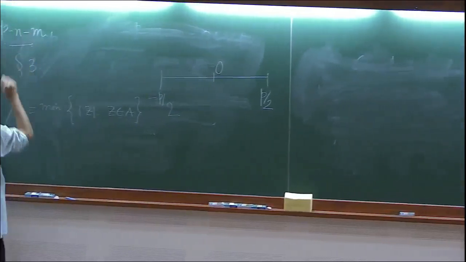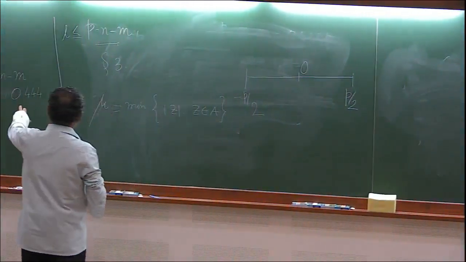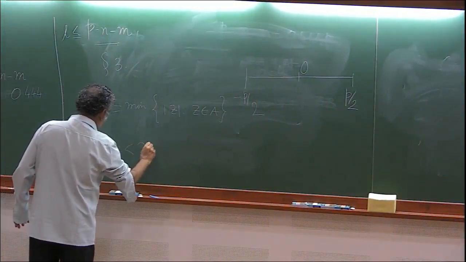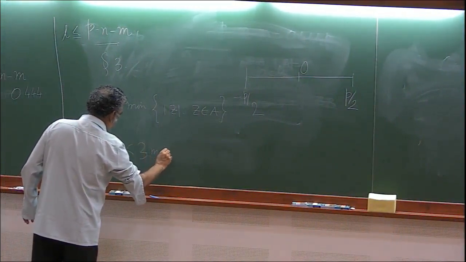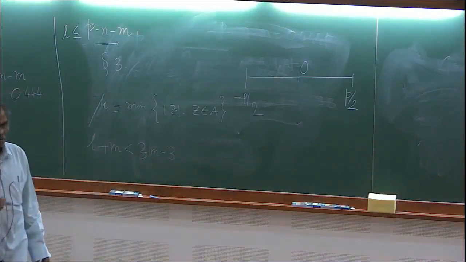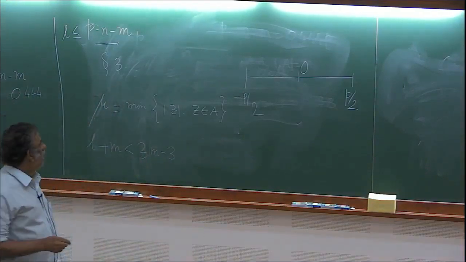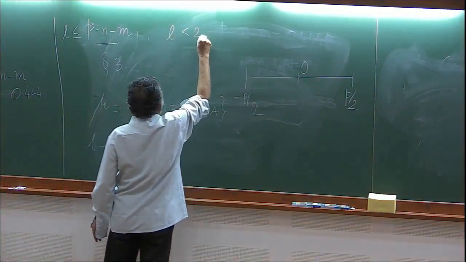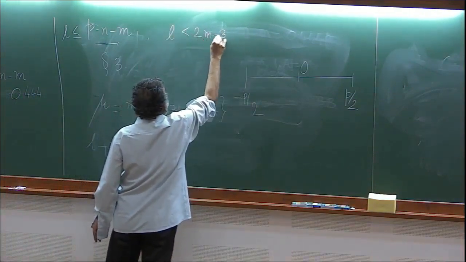That is one thing which we had. One more thing which I want to keep is that L plus M is less than or equal to 3M minus 3, which we proved because of the minimum of L plus M and 3M minus 3. And therefore, that gives you the information that L is less than 2M minus 3. And that information also I need.